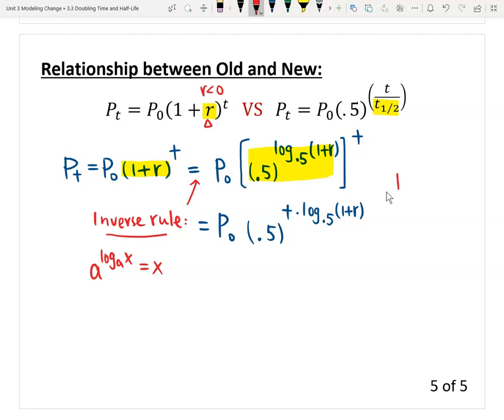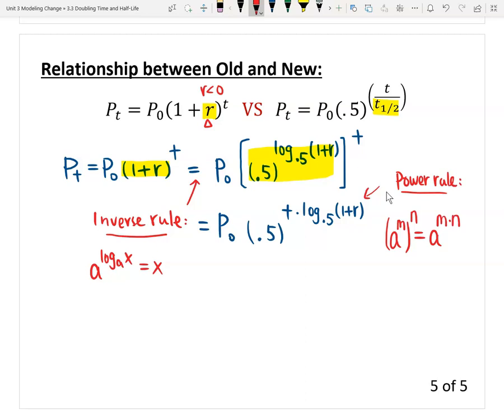It's the power rule we used for this one: A raised to a power m, and if we raise it to another power, the result is just the two powers multiplied together to get the new power.